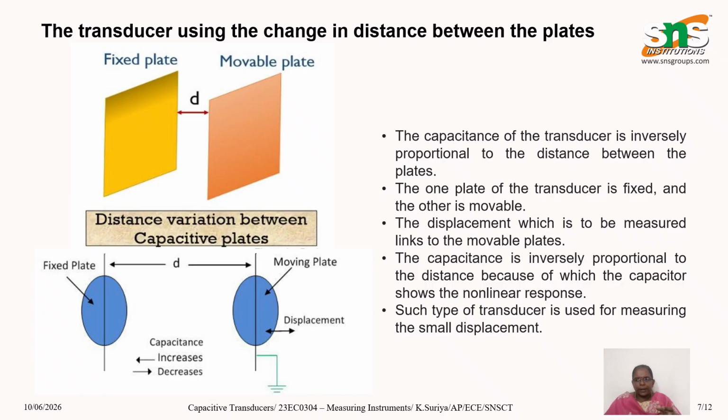This type of transducer is highly sensitive and is particularly useful for measuring very small displacements. However, the relationship between the capacitance and distance is nonlinear, which may require calibration or compensation techniques for accurate measurements.